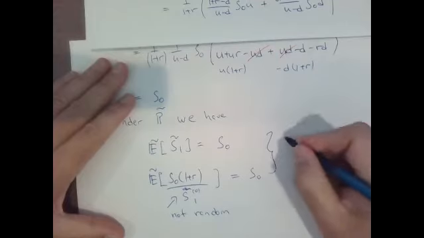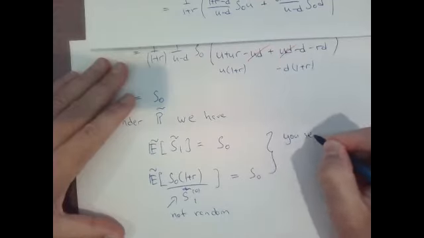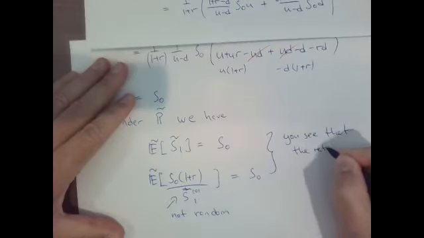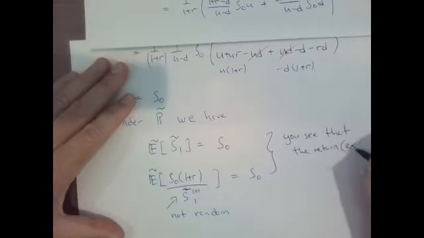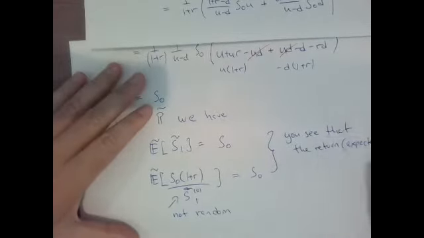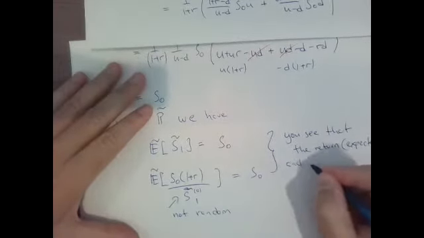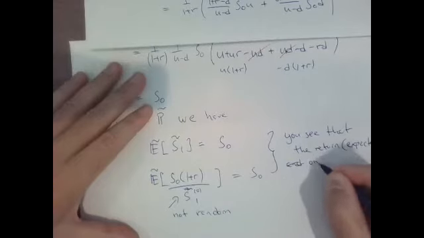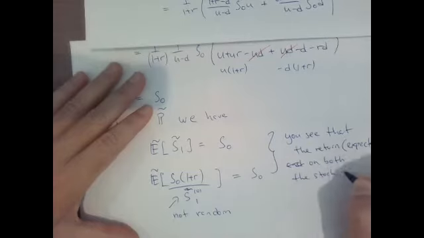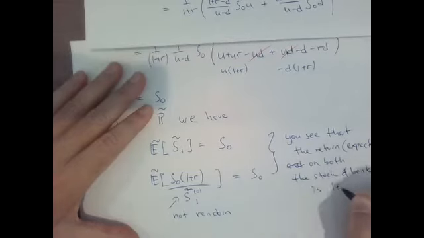So from this, you see that the expected return on both the stock and the bank is 1 plus R.